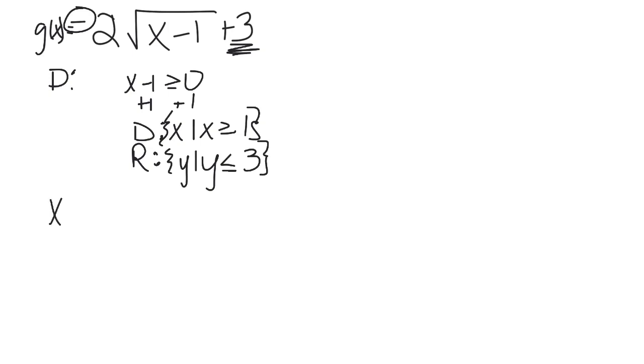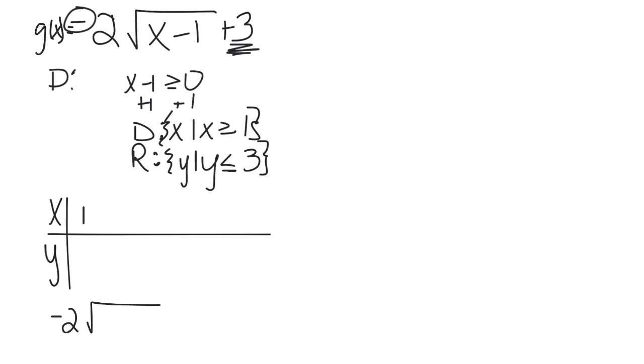So let's look at our table. We're going to start with our domain restriction. So we're going to start at this number here, the 1. And when I plug that in, we get negative 2 square root of 1 minus 1 plus 3. Negative 2 square root of 0 plus 3. Negative 2 times 0 plus 3 will just give me 3.